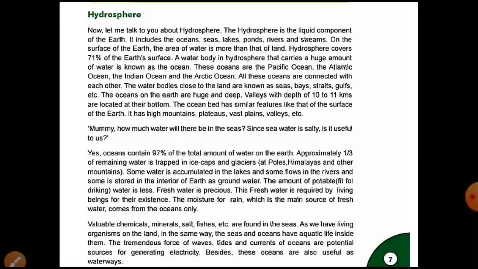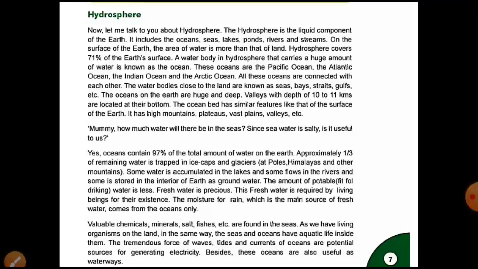The oceans of the earth are huge and deep. Valleys with a depth of 10 to 11 kilometers are located at their bottom. Remember, the ocean bed has features similar to the surface of the earth.